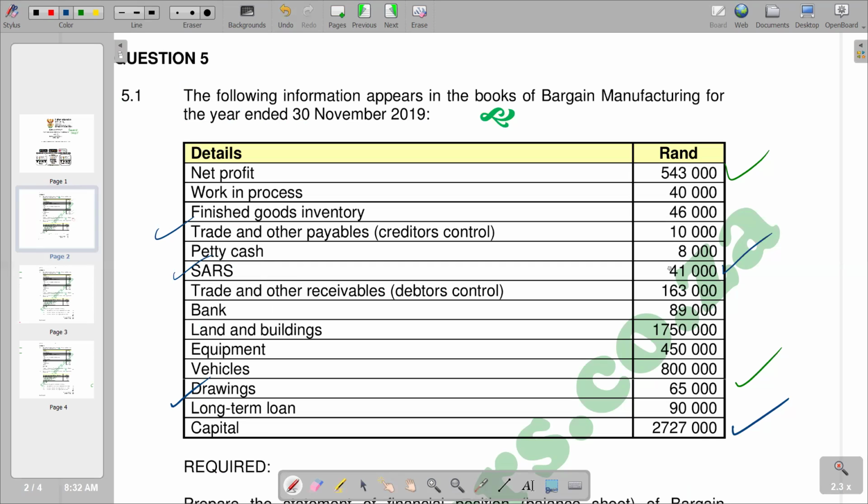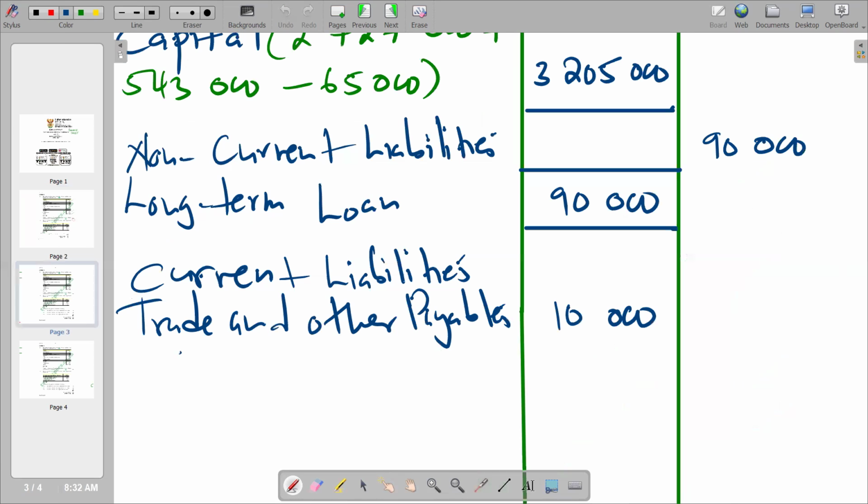But in this case, I will just assume it's a current liability for 1,000. What it means is the business is owing SARS that amount. So that's why it's under current liabilities. In that case, we can now get the total, whereby 10,000 plus 41,000, you're going to get 51,000.